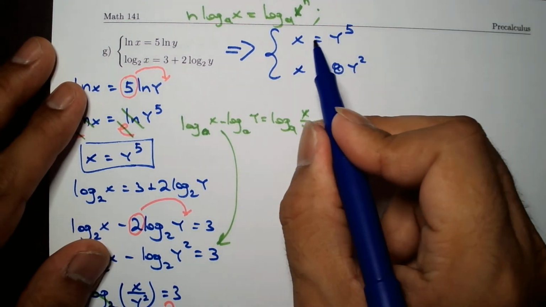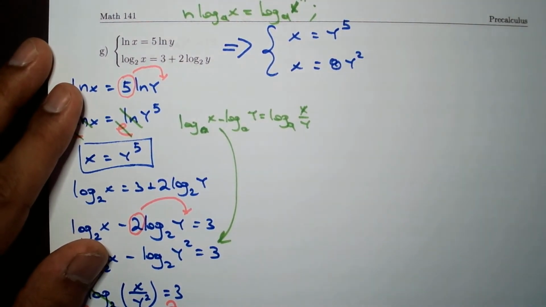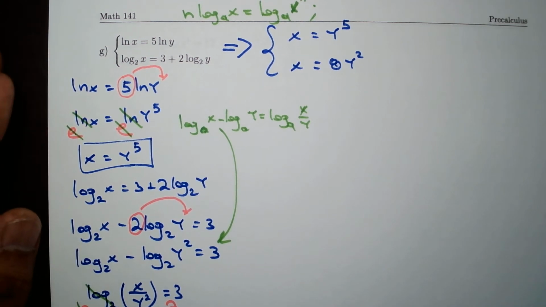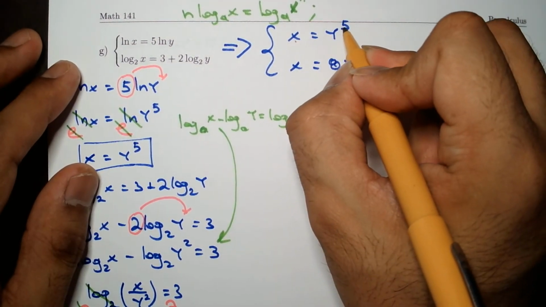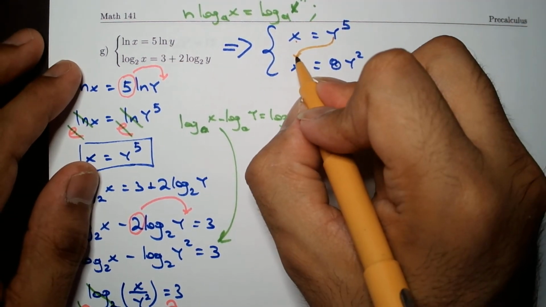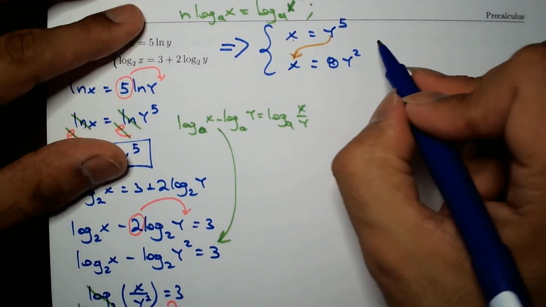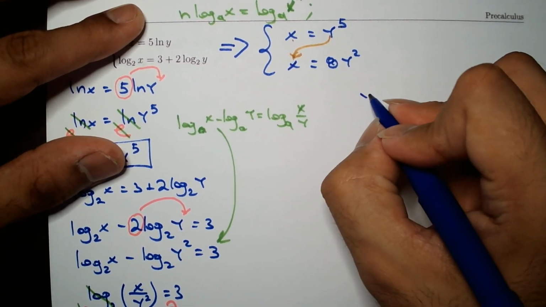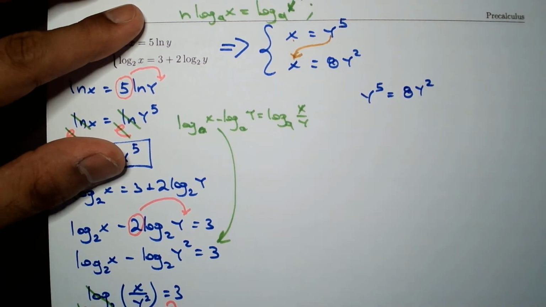We can subtract the equations and get the difference between the two, or another alternative here is to simply do, because x equals y to the fifth, we can substitute it here. We can use the substitution method in this case. So when we do that, well, let's set y to the fifth power equals 8y squared.